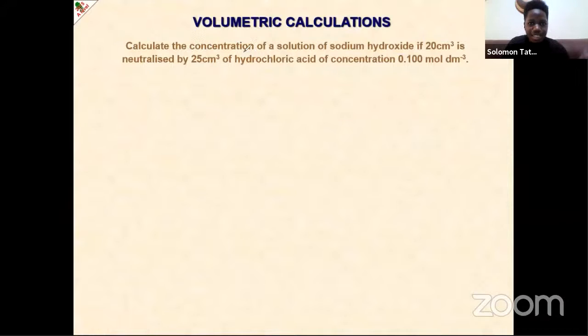We're asking for concentration of solution, meaning we're finding moles per decimeter cubed. We have been given that 20 cubic centimeters of sodium hydroxide is neutralized by 25 cubic centimeters of hydrochloric acid of concentration 0.1.